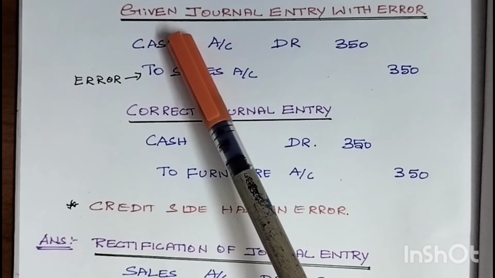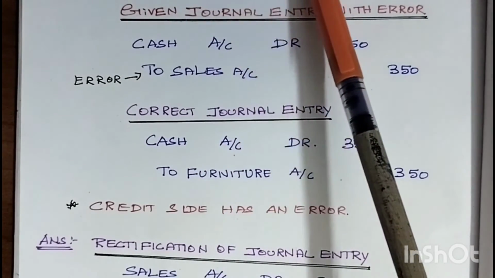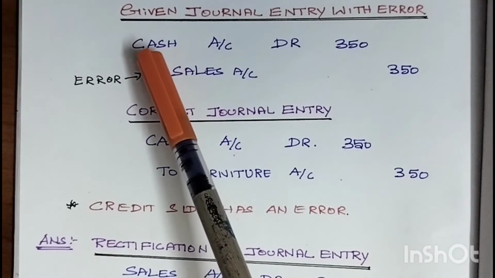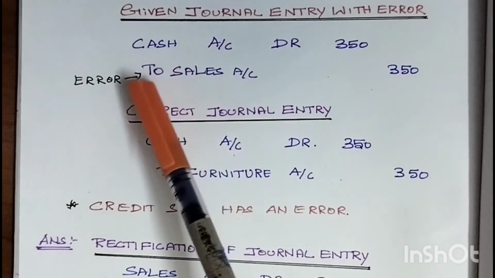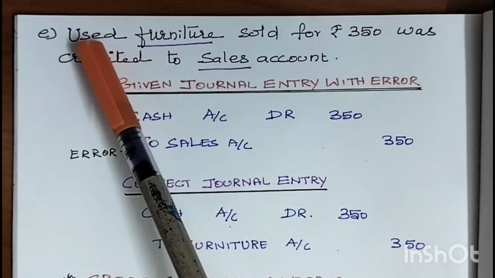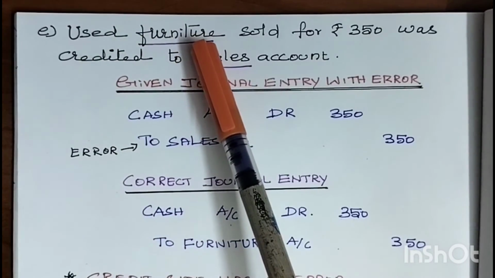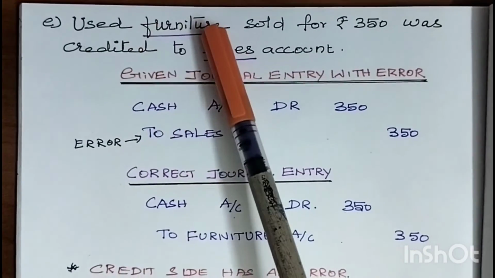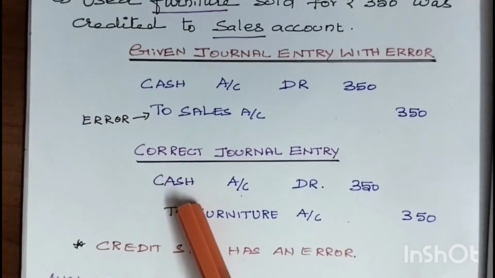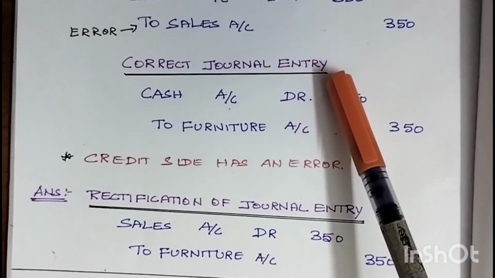Which means they sold goods for cash; then only can they write cash account debit to sales account. But listen here, they sold used furniture, which means they sold an asset. Whenever you sell an asset, you have to enter the name of the asset account. So instead of the sales account, this is the correct journal entry.